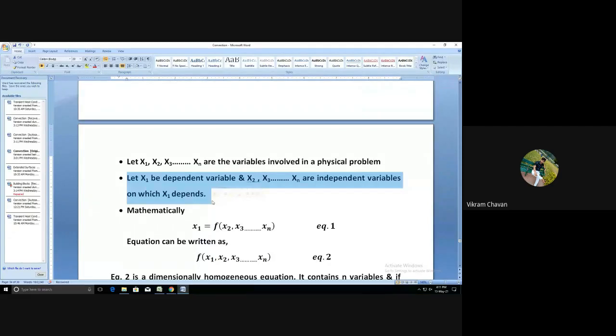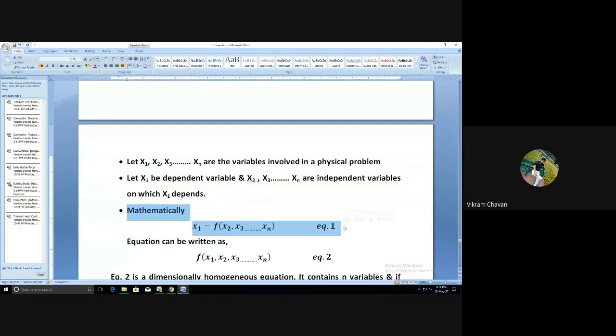Mathematically, you can write x1 is a function of x2, x3 up to x suffix n.